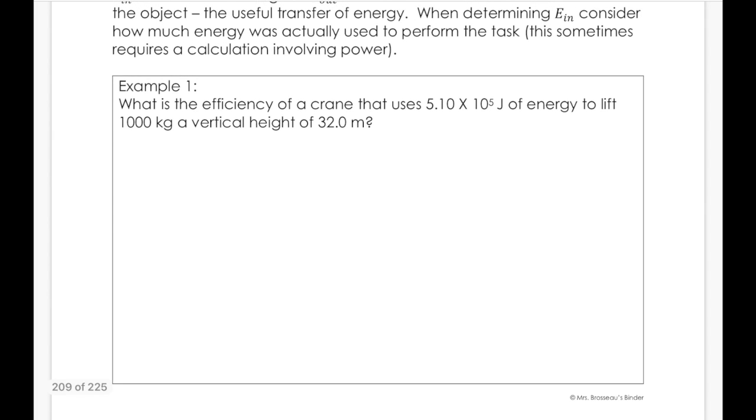So for this first example, it says, what is the efficiency of a crane that uses 5.1 times 10 to the 5th joules of energy to lift 1,000 kilograms a vertical height of 32.0 meters, okay?